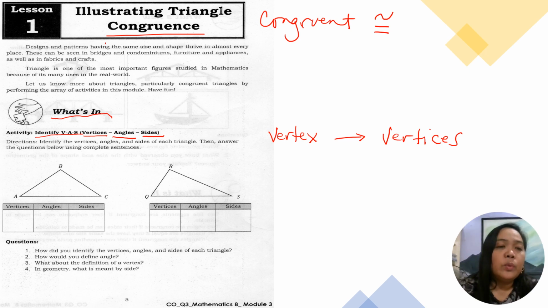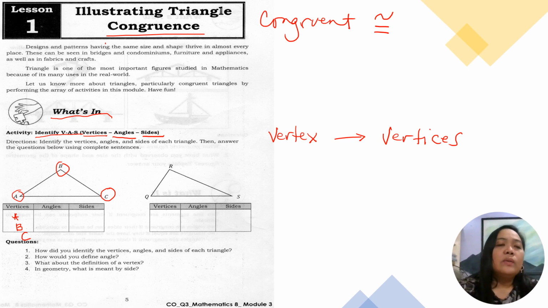Let us start with vertex A. Also, we have vertex B, and then we also have vertex C. So these are the vertices of triangle ABC.